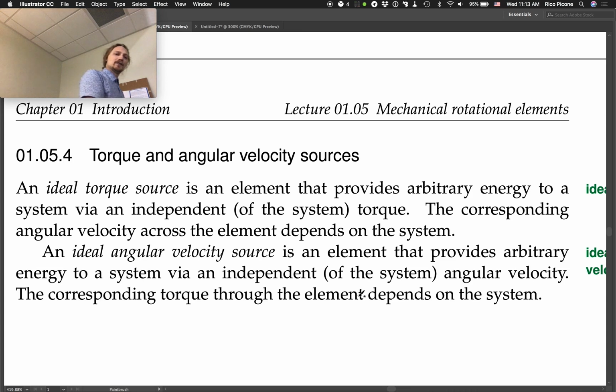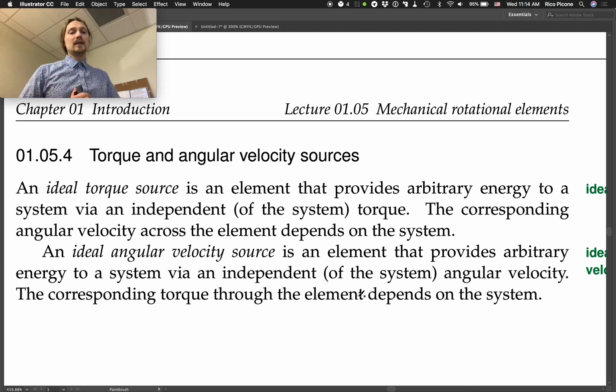An ideal angular velocity source is an element that provides arbitrary energy to a system via an angular velocity independent of the system, and the corresponding torque through the element depends on the system. This is kind of like a voltage source, which provides a voltage and whatever current is required.